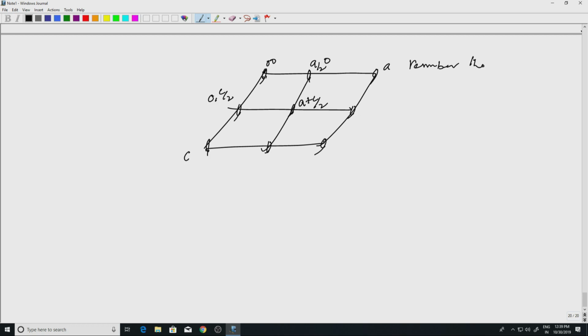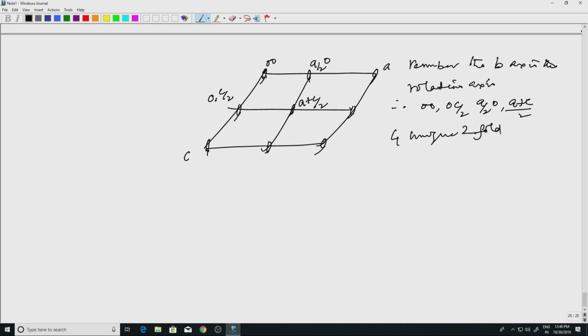Remember, the B axis is the rotation axis. So therefore 0 0, 0 c by 2, a by 2 0, a plus c by 2, 4 unique two-fold axes.